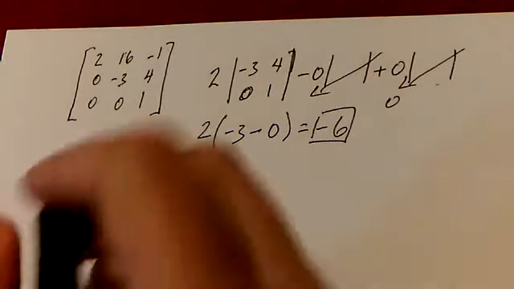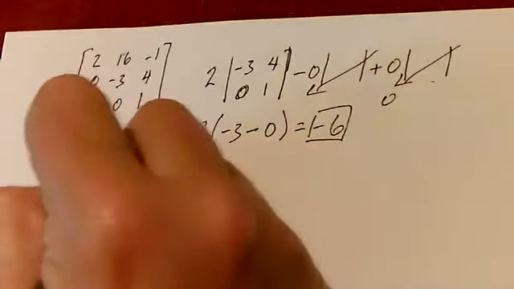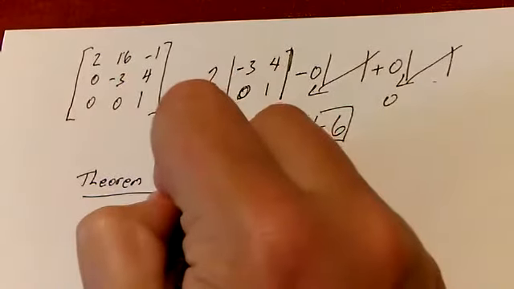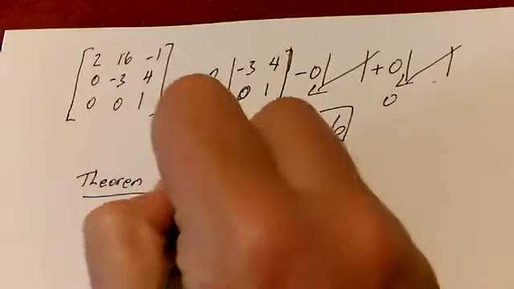So we have a theorem, this is theorem 2 for chapter 3, that says if you have a diagonal matrix, I'm sorry, not a diagonal matrix, a triangular matrix.